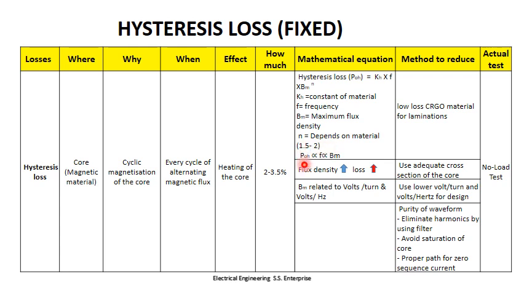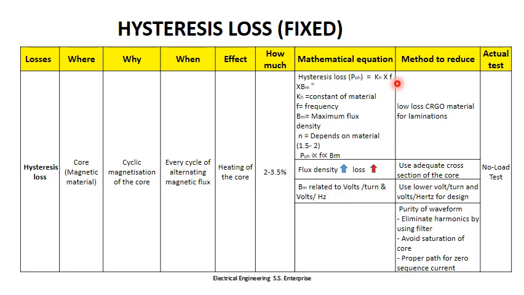So hysteresis loss is directly proportional to frequency and directly proportional to the maximum flux density. As flux density increases, losses will increase. Flux density is related to volts per turn and volts per hertz.